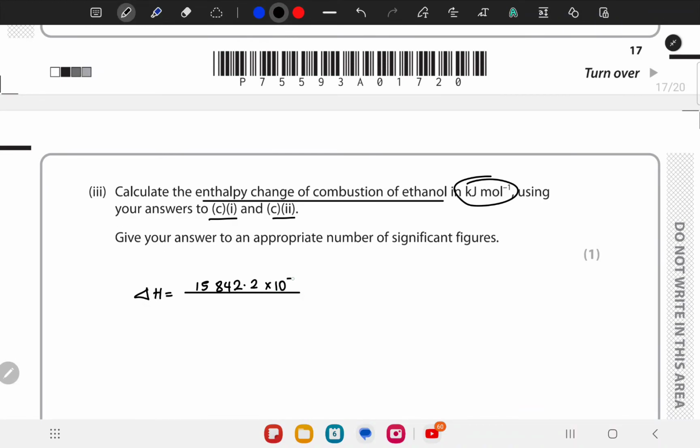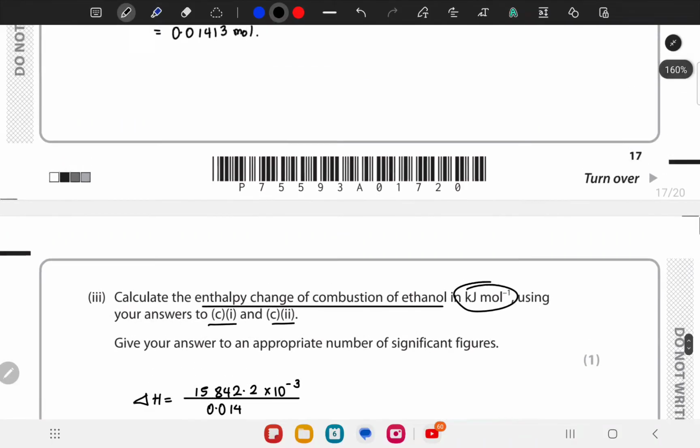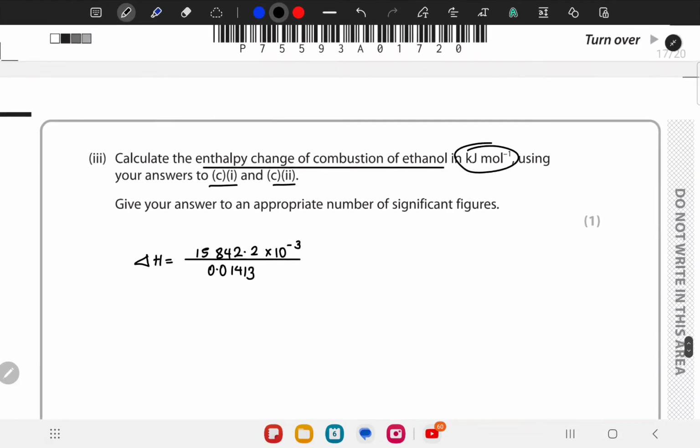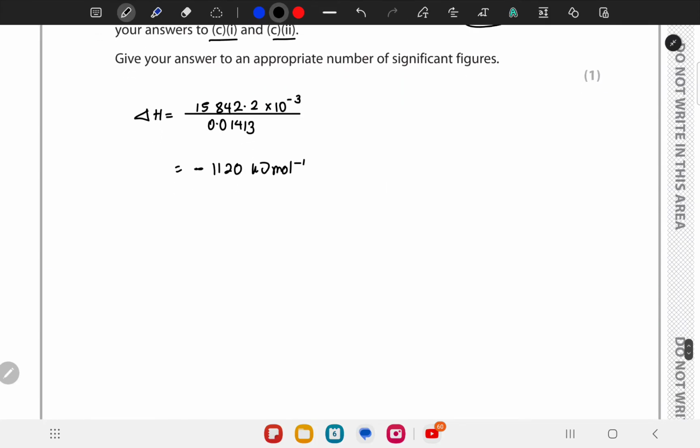So we multiply by 10 to the power minus 3, and in the denominator we have 0.01413. We get a value of 11,020 kilojoule per mole. This is an exothermic reaction, so we put a negative in front of it.